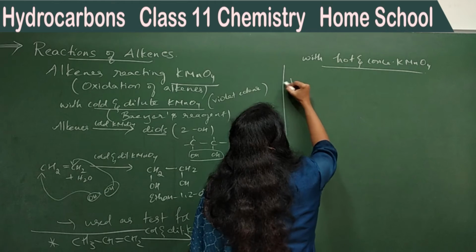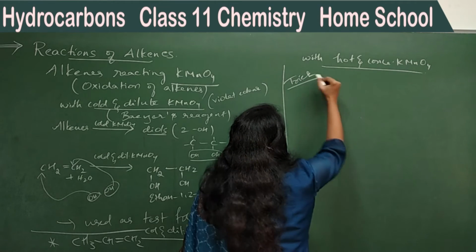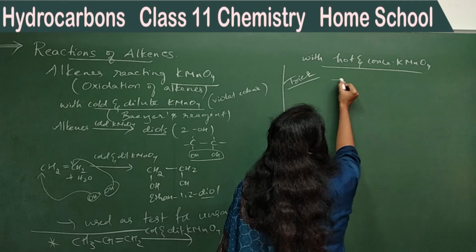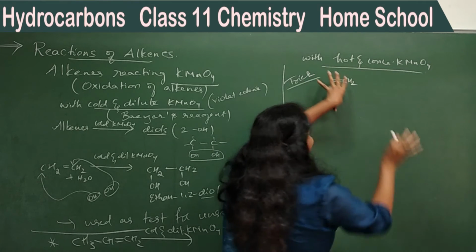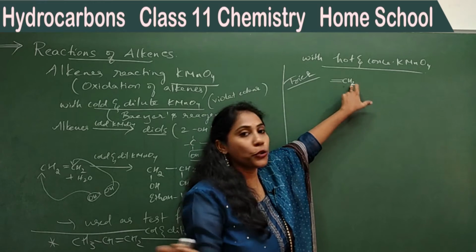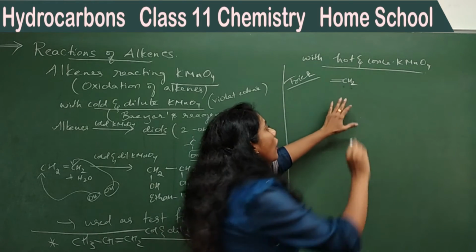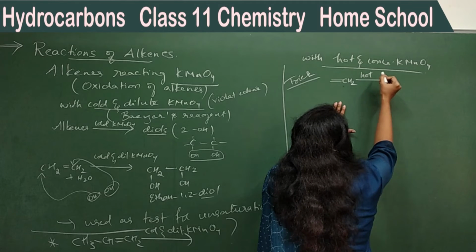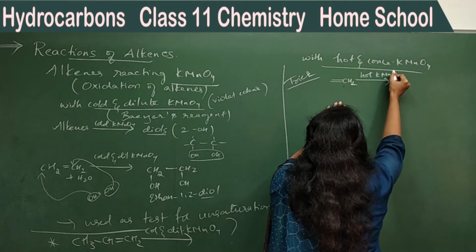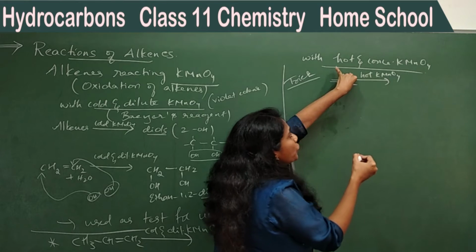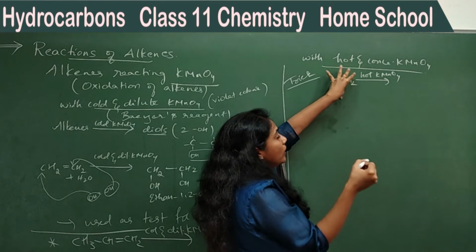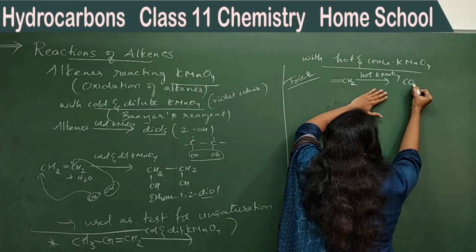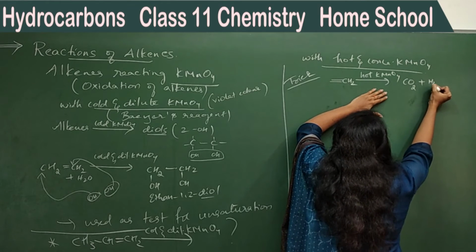So here I am giving you a super trick. Try to remember, guys. See, if you have a =CH2 group with a double bond in any alkene, on treating with hot and concentrated KMnO₄, this =CH2 group will always get converted into CO2 plus H2O.